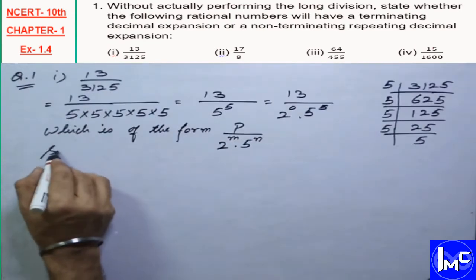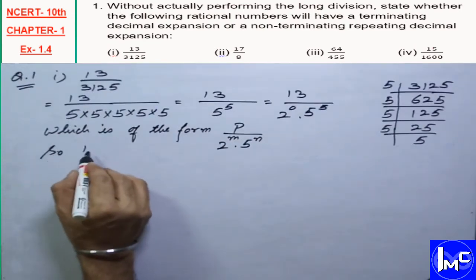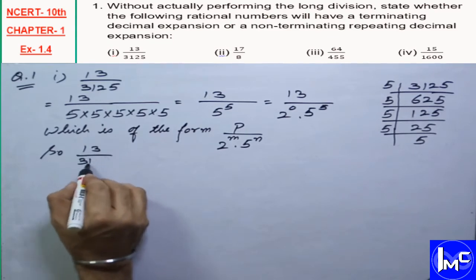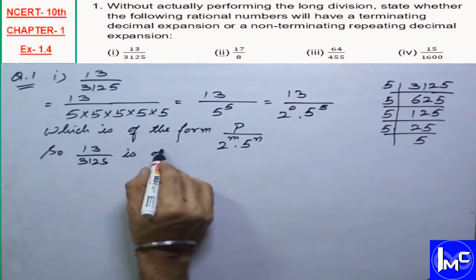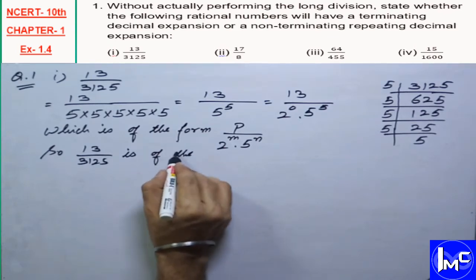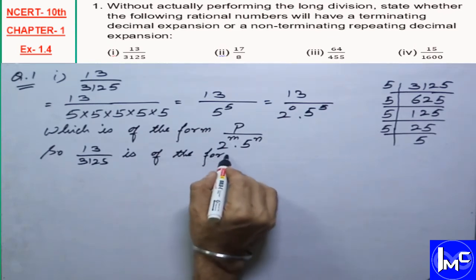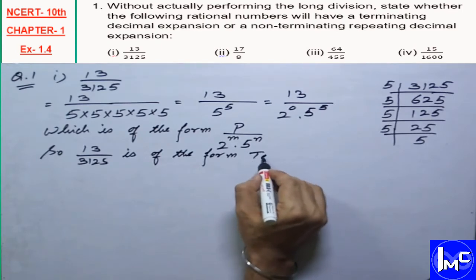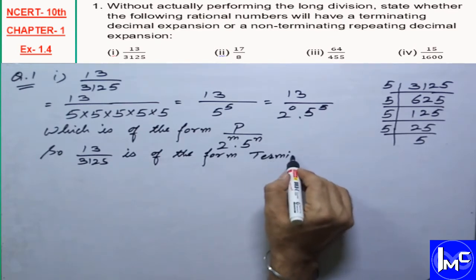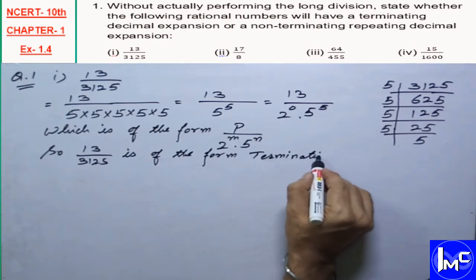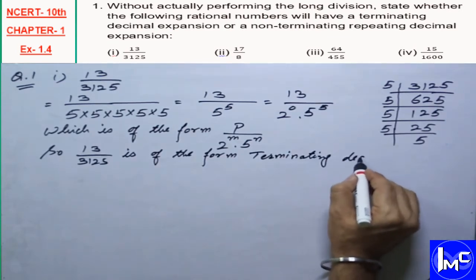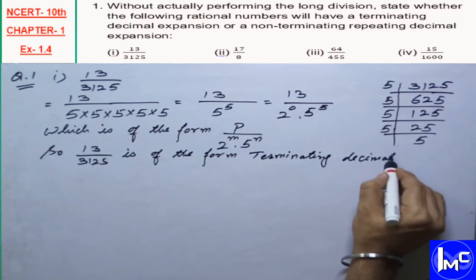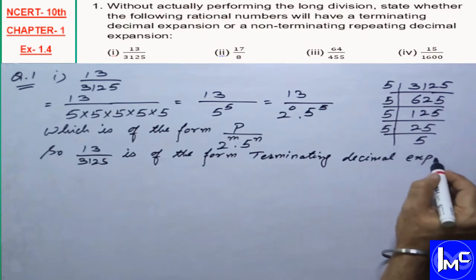So 13 over 3125 is of the form terminating decimal expansion.